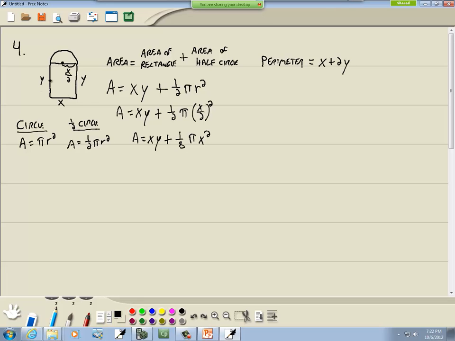That'd be going from here and going around this part. Then we got our half circle. And the perimeter of a half circle is called a circumference. The circumference of a circle is 2 pi r, and for half a circle, it'd be half of that. So it'd be half of 2 pi r, so we'd have just pi r. So this would be plus pi r, but remember what r is.